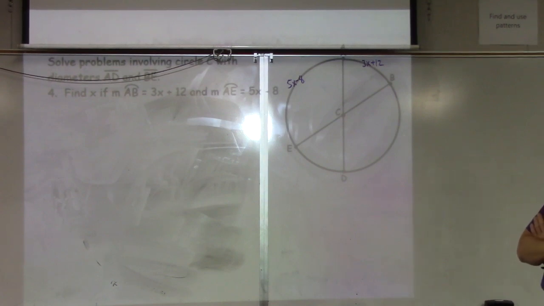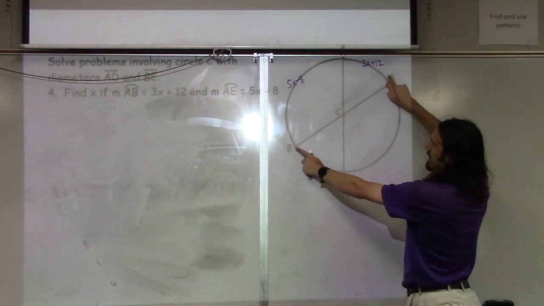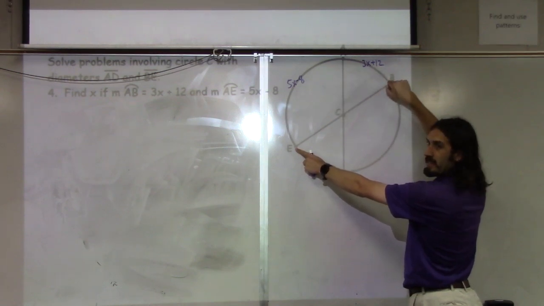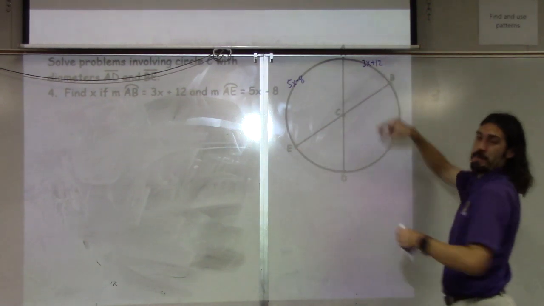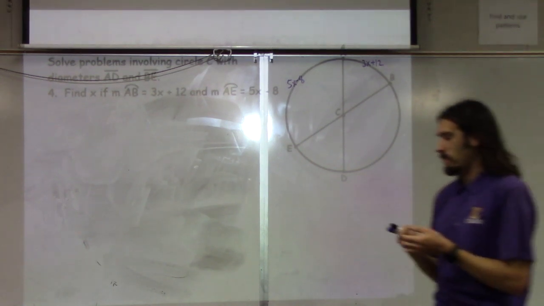It tells us that BE is a diameter. So if I know BE is a diameter, what does that mean about the two arcs that I have written in purple? Well, a diameter cuts my circle in half. So those two arcs have to combine to make 180.